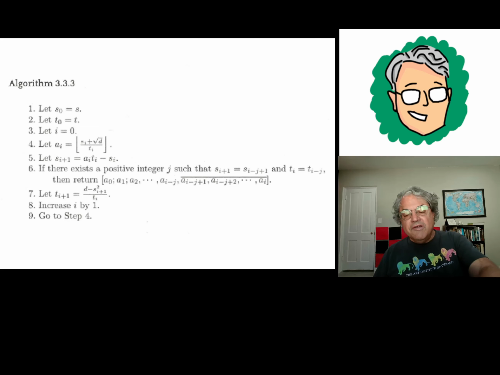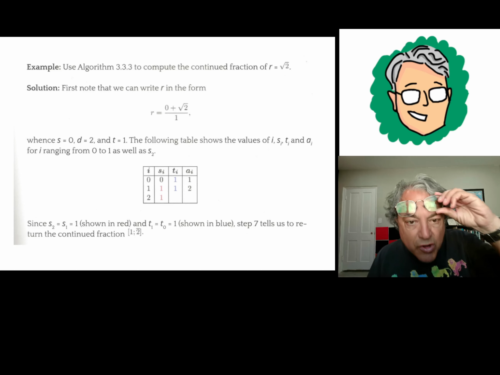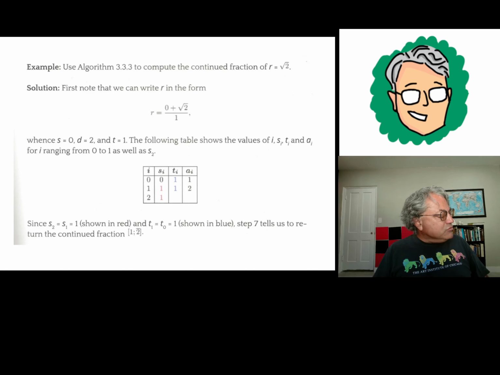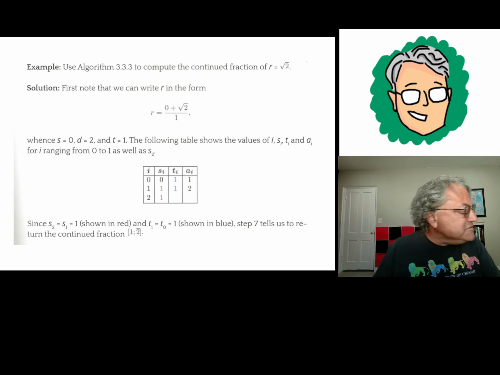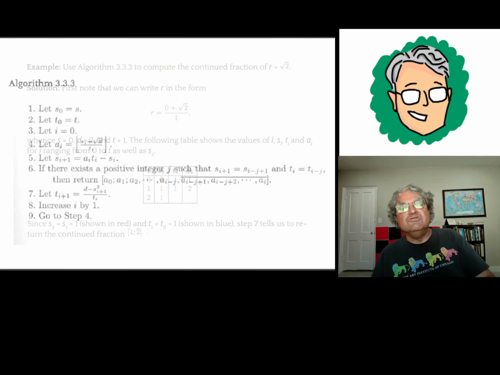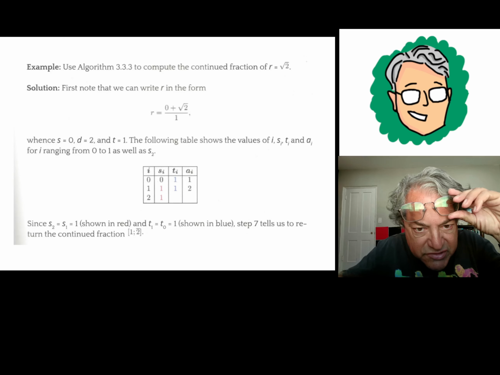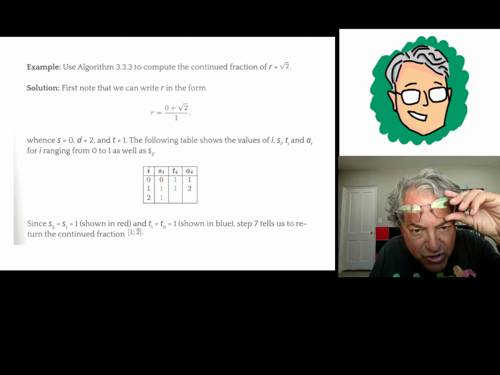Remember, s sub 1 was 1. So we're doing 2 minus 1 squared, which is 2 minus 1, or 1, divided by t sub 0, so it's going to be 1. So I put t sub 1 as 1.